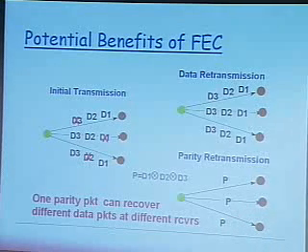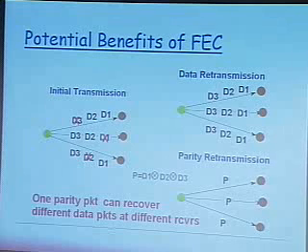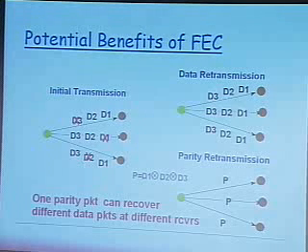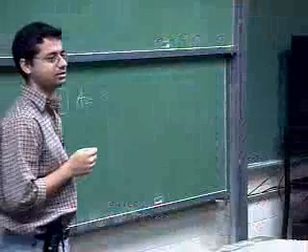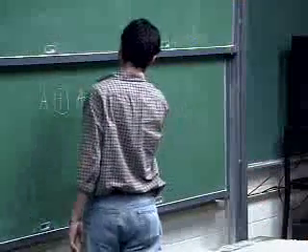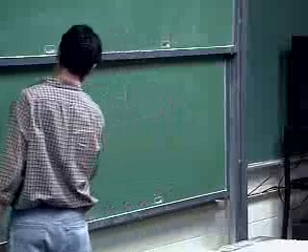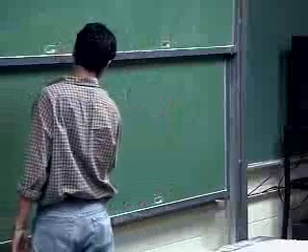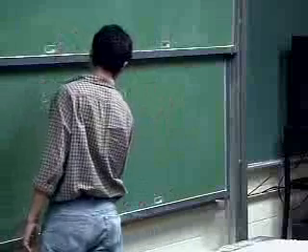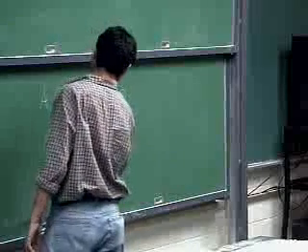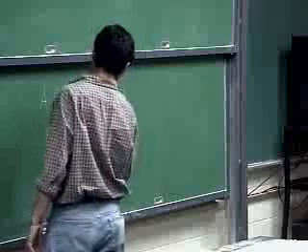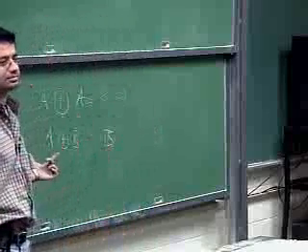So what is A exclusive OR A? 0. So if you have A exclusive OR B, and you have B, can you recover A?